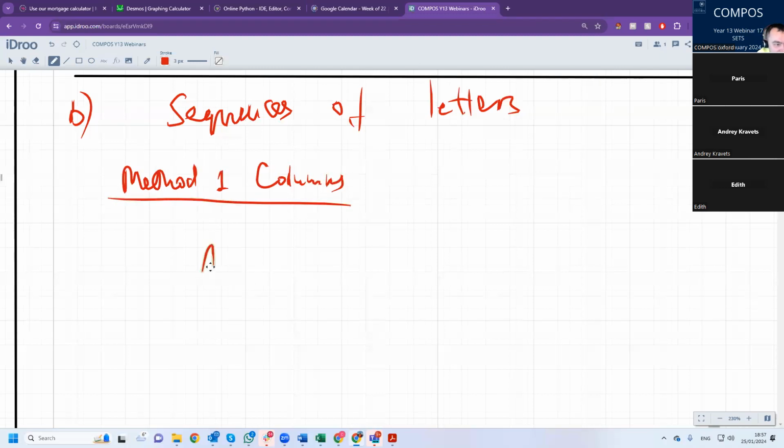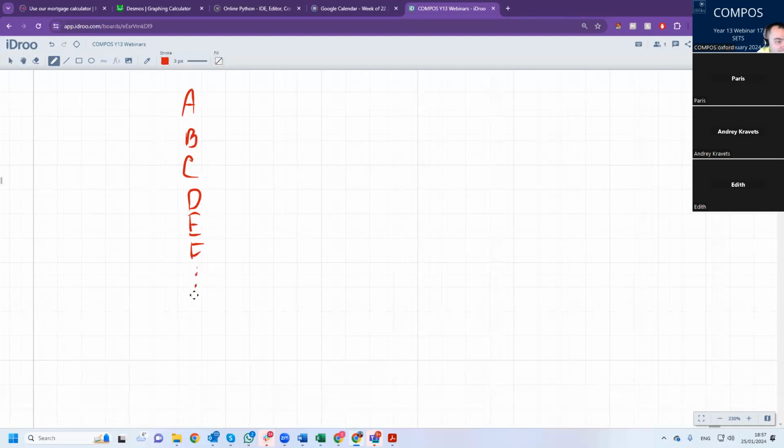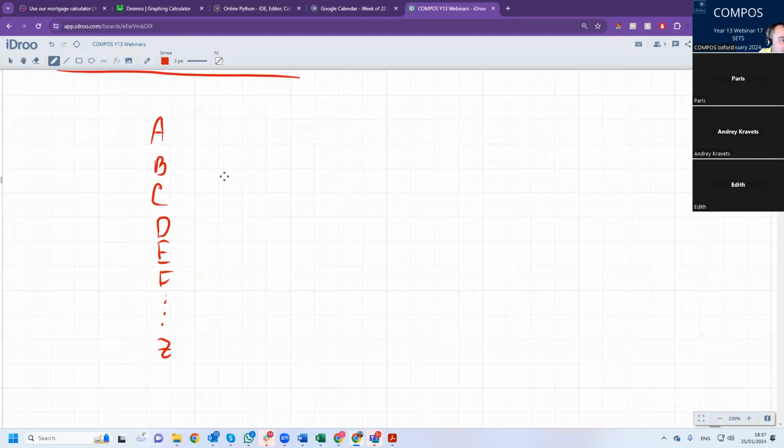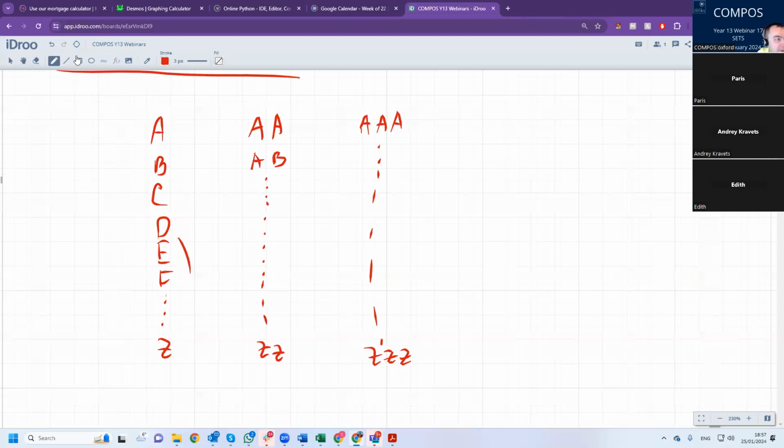You have A, B, C, D, E, F, all the way up to Z. The second column will have AA, AB, all the way down to ZZ. The third column is going to be AAA, all the way down to ZZZ. How many words in the first column?